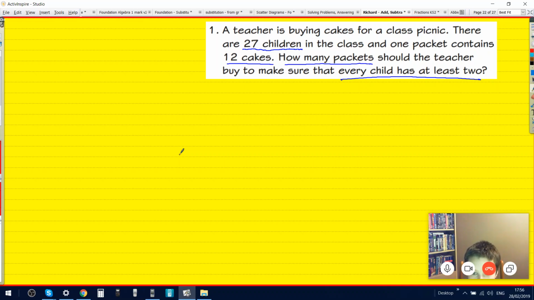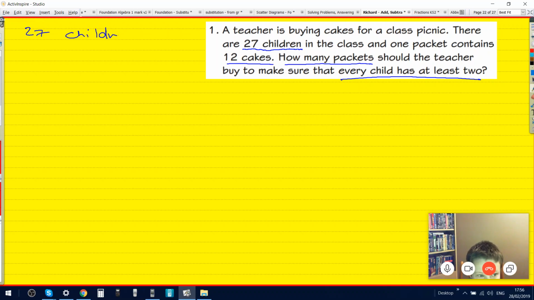Okay. Wait, so you would need 27 packets. So there's 27 children. Yes. 2 cakes each. Yes.